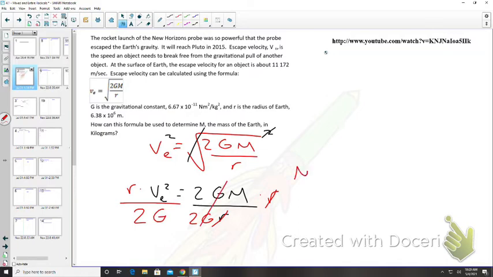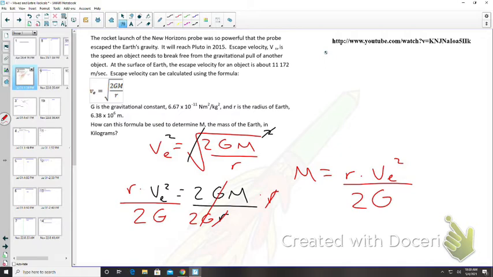Then we'll get mass is equal to the radius times the escape velocity squared divided by the gravitational constant multiplied by 2. So we can do a little bit of manipulating here. If you took physics 20, you would play around with this formula a little bit more.